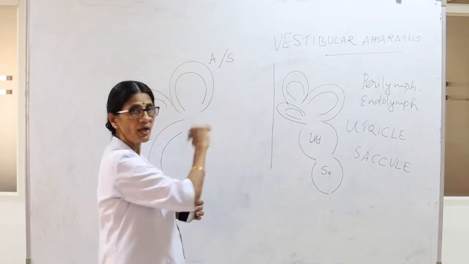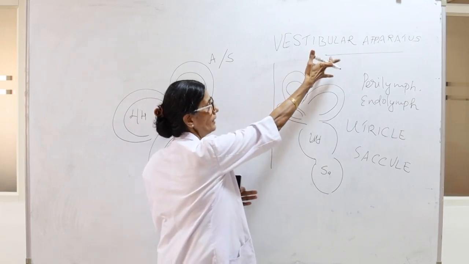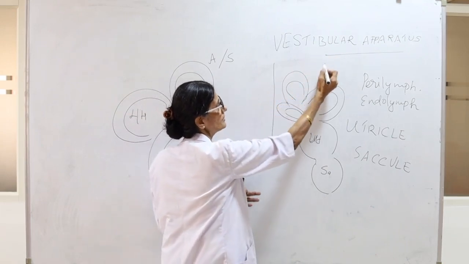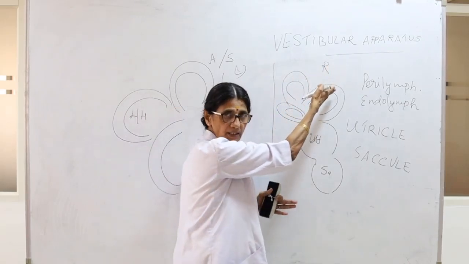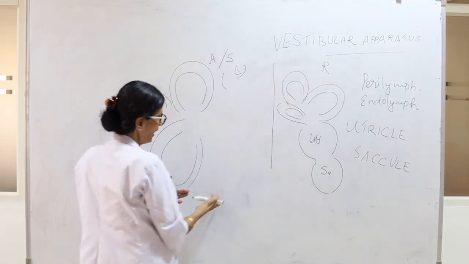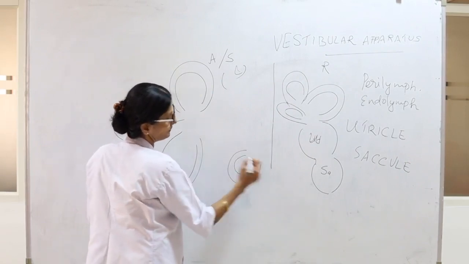And we have to understand one more point. Let us say this is the right side and this is the left side. This anterior canal on the right side will be in the same plane as the posterior canal of the left.